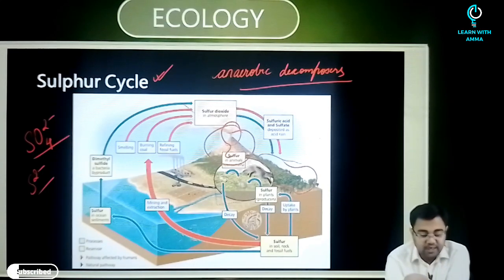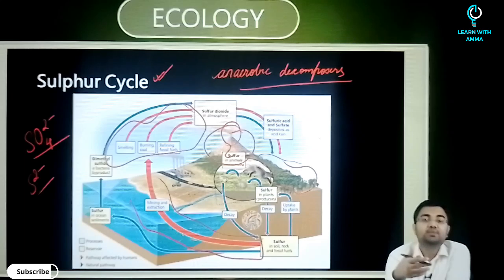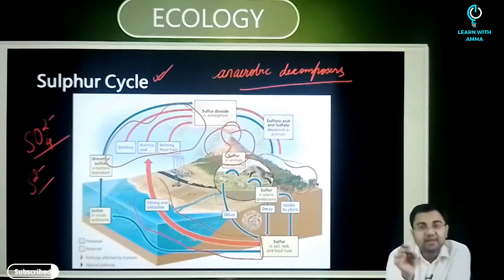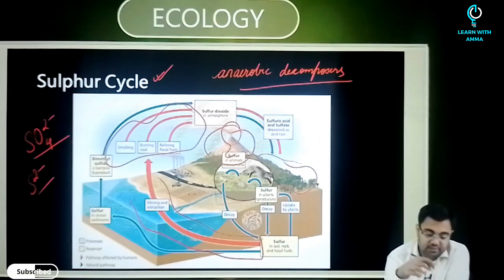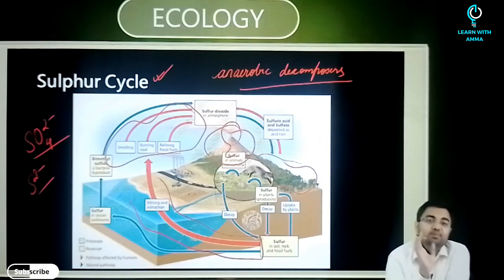But again human activity is there, and in case of sulfur you can see a large amount of sulfur is being fixed in the environment by human activities. Human activities have affected the sulfur cycle primarily by releasing large amounts of sulfur dioxide. Now this sulfur dioxide can come from various sources. One is when we burn coal and oil which contain sulfur to produce electrical power, let's say.